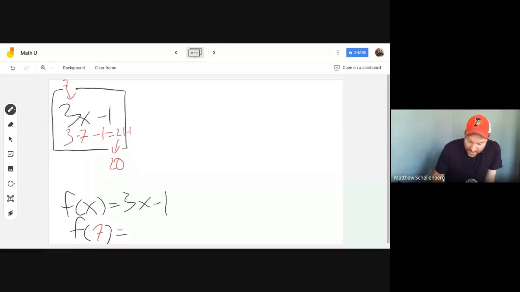If you notice here, this x became 7. So guess what? This x must become 7. So we have 3 times 7 minus 1, which is 21 minus 1, which is 20.